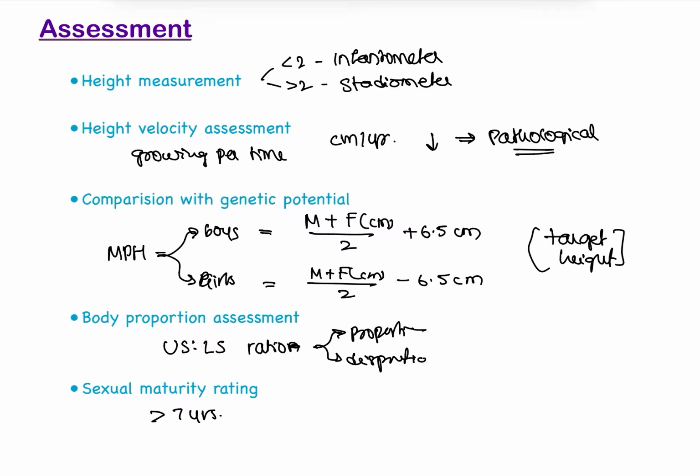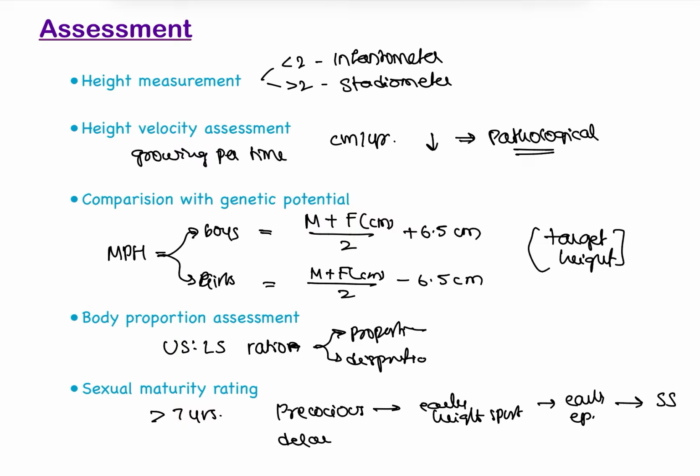Why it is important is because when there is precocious puberty, there is early height spurt and early closure of epiphyseal plates that leads to short stature. In delayed puberty, there is delayed height spurt that also leads to short stature.